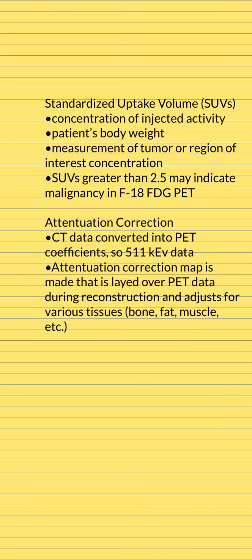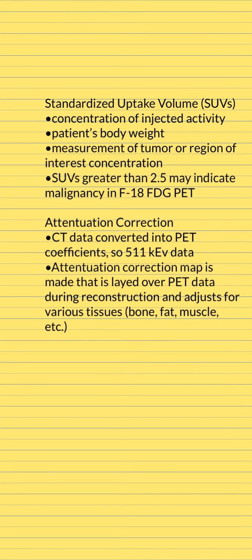For SUVs, there's a formula. You don't need to know the formula per se, but I want you to know what is included in the formula. That involves the concentration of your injected activity. Keep in mind your concentration is your activity in millicuries over your volume. Then you need to know your patient's body habitus and weight.